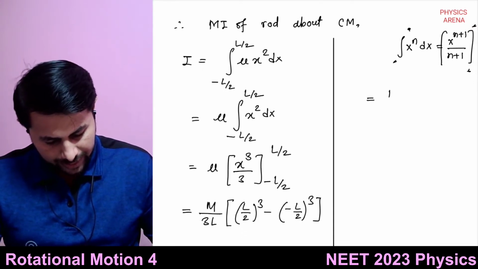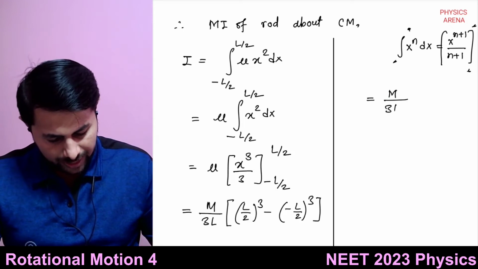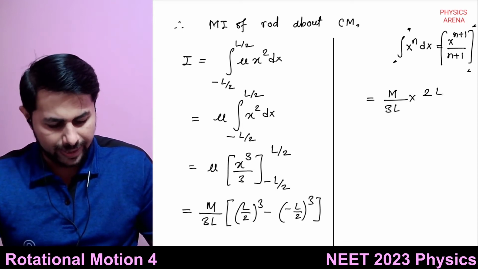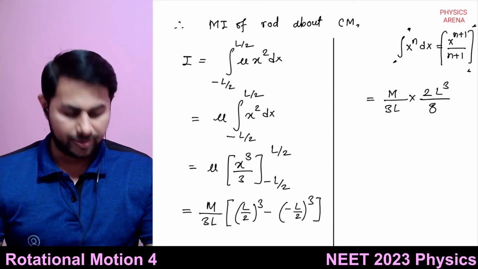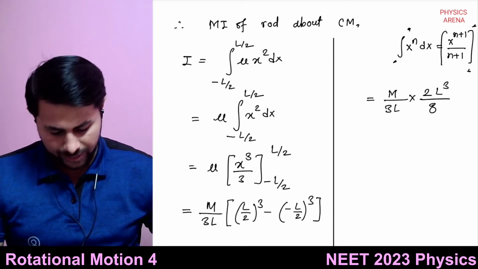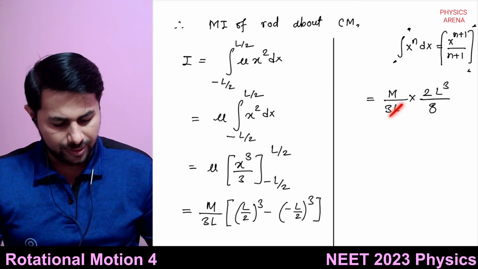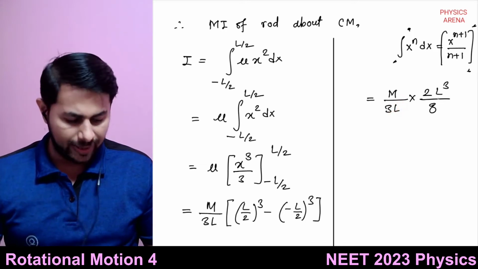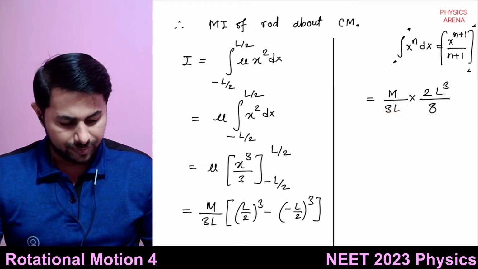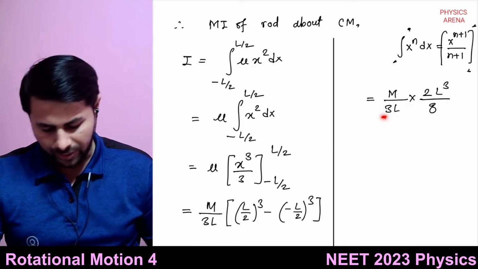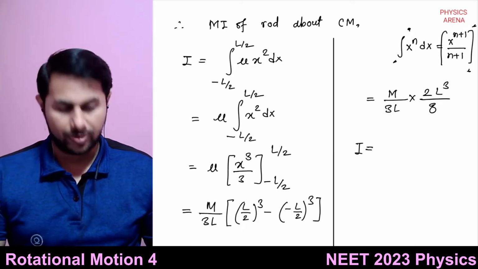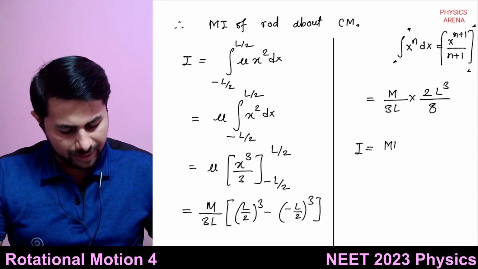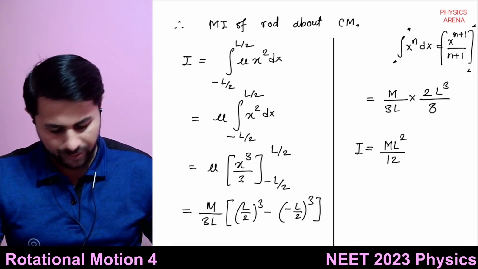So it is m upon 3L multiplied by 2 times L cube divided by 8, or you can say it is L cube divided by 4. And here if we divide L cube by L, we get L square, and 4 3s are 12, and that's why you get this formula for moment of inertia. It is ml square divided by 12.